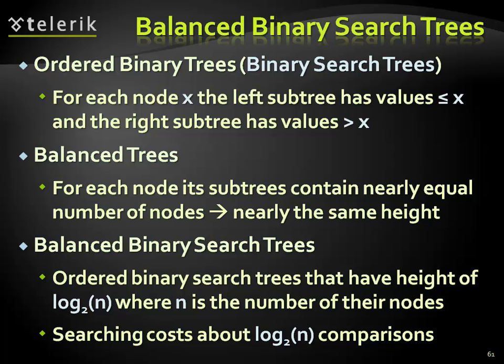The property of balanced trees is that the height of a balanced binary tree is exactly logarithm of the number of vertices at base 2, meaning that for a number of vertices which is 16, the height will be 4.